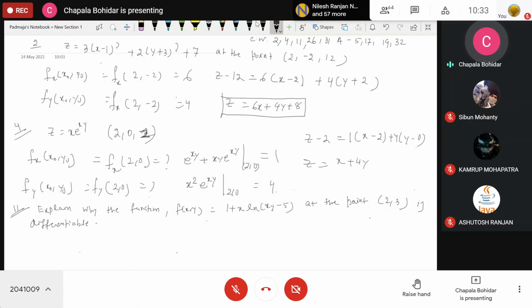Then find the linearization L(x, y) of the function at that point. Explain why this function is differentiable.